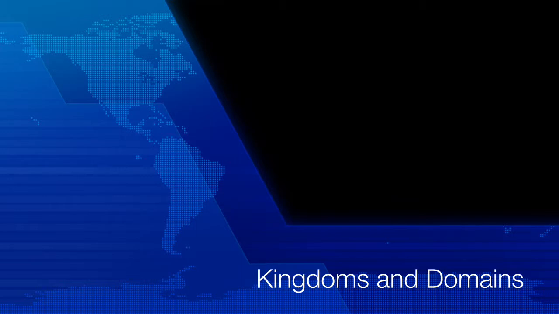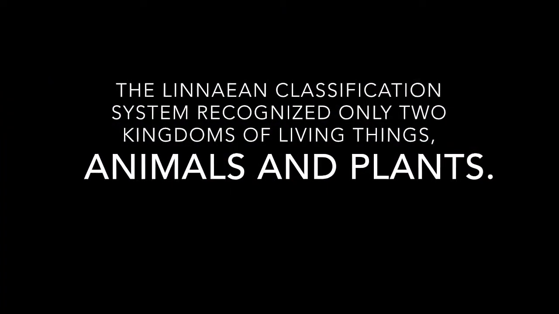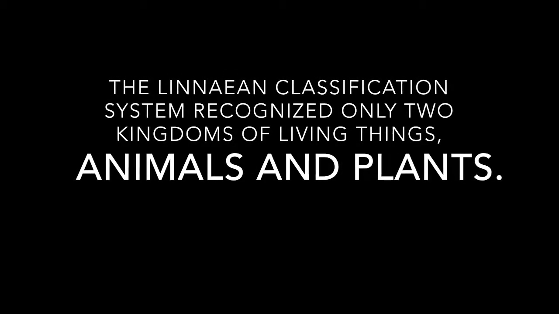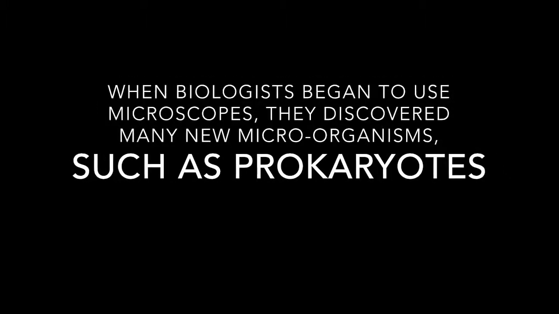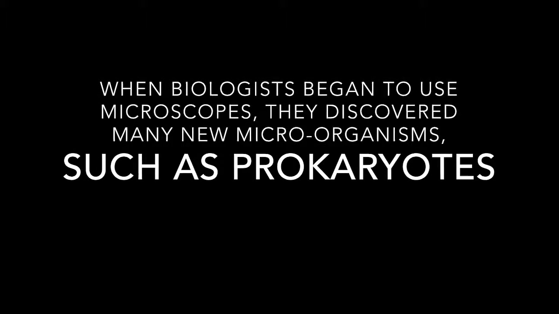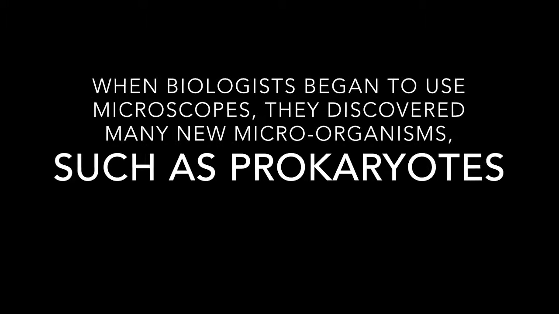Kingdoms and domains. The Linnaean classification system recognized only two kingdoms of living things, animals and plants. When biologists began to use microscopes, they discovered many new microorganisms, such as prokaryotes.